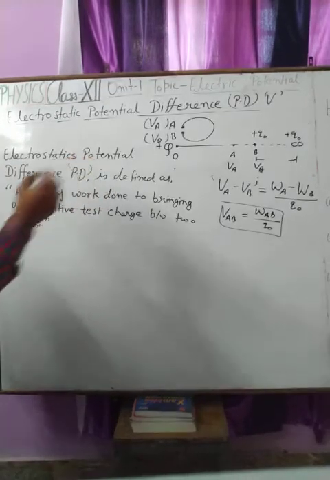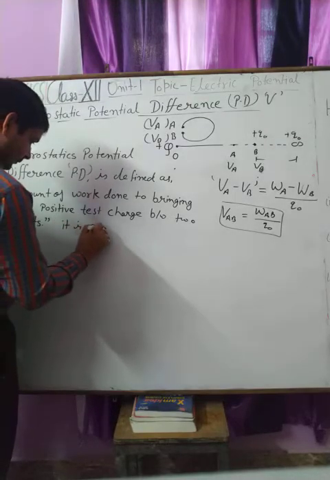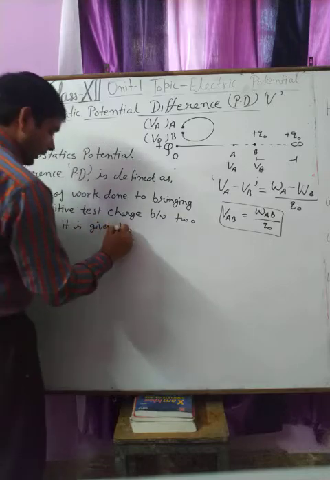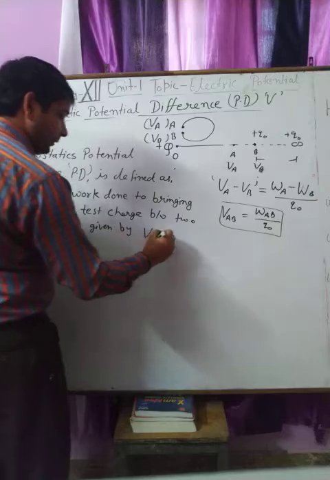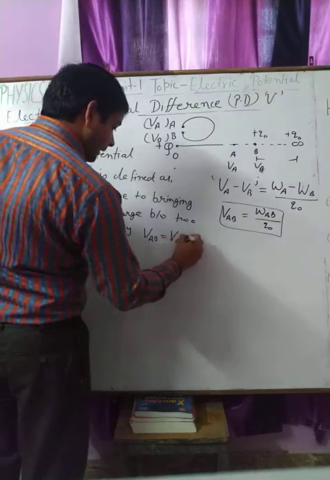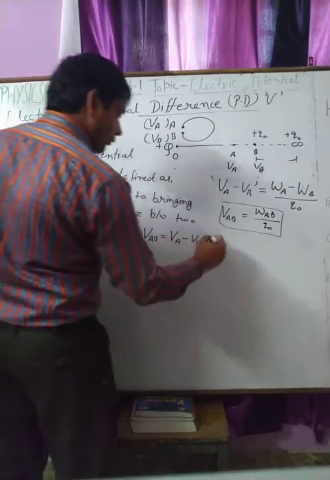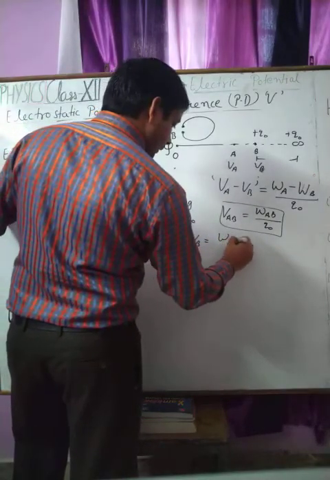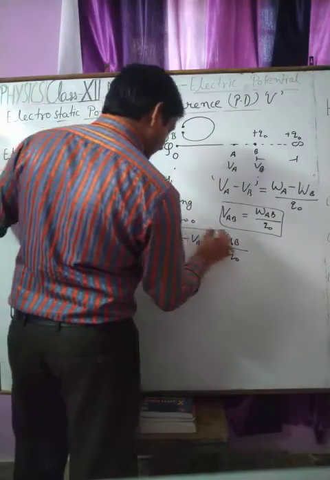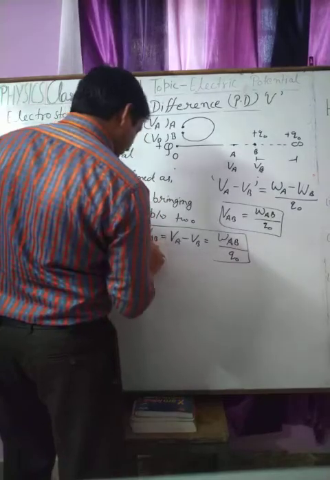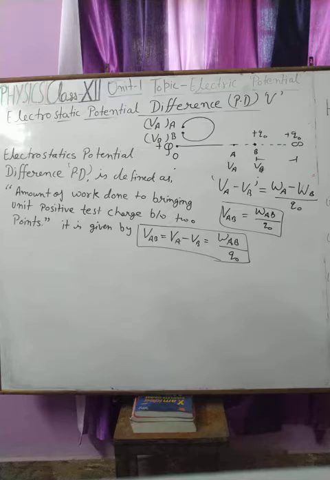Okay, it is given by VAB, that is VA minus VB is equal to WAB upon Q naught. This is the electrostatic potential difference, or simply we call it potential difference.